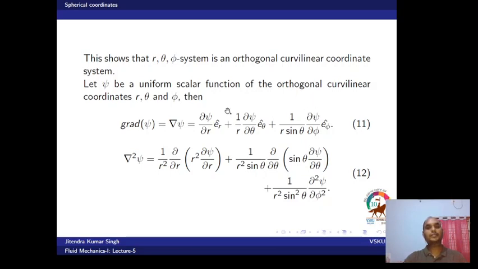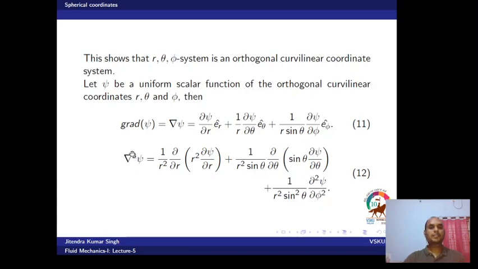So we replace h1, h2, h3 by 1, r and r sin theta, u1, u2, u3 by r, theta and phi, and e1, e2, e3 by the e_r, e_theta and e_phi unit vectors. Then we get grad psi is equal to dou psi by dou r e_r plus 1 by r dou psi by dou theta e_theta plus 1 by r sin theta dou psi by dou phi e_phi. So this is the gradient of any scalar function.